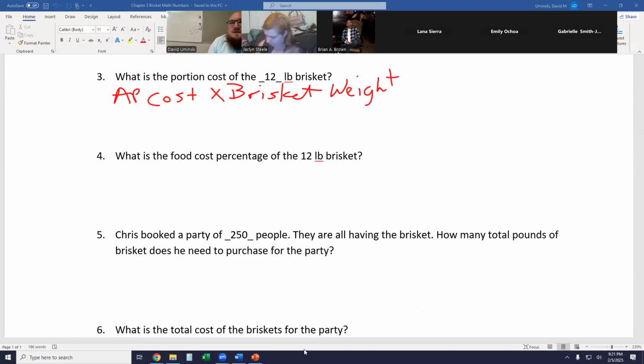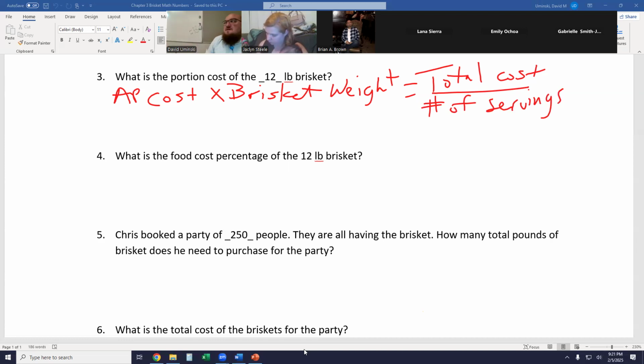That's going to give you your total cost. Then you just simply divide by the number of servings. My total cost, I only get 17.6 servings out of it.